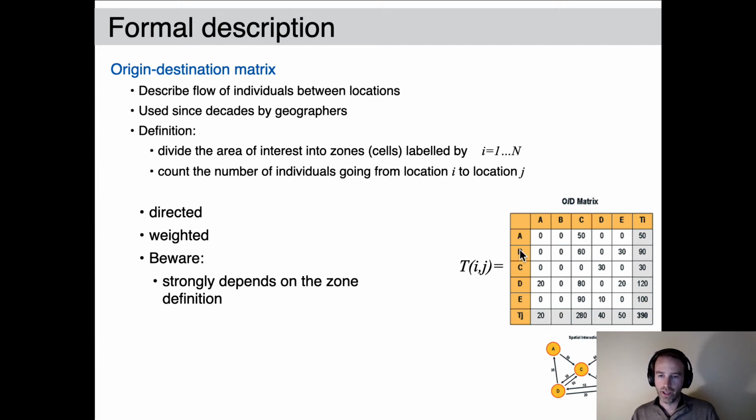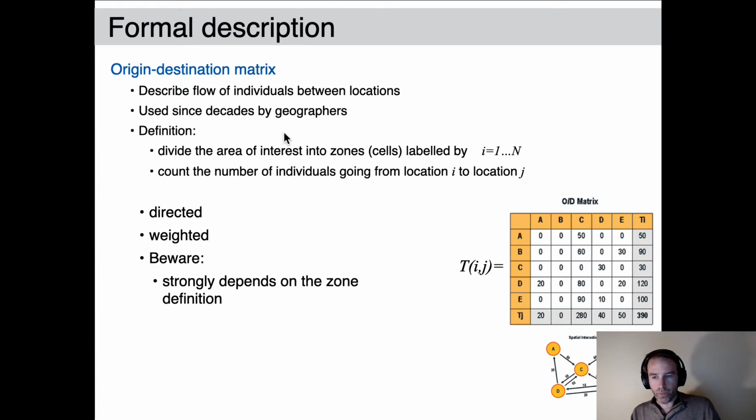So A, B, C, D, E correspond to areas, and these values correspond to the number of bicycle trips, phone calls, or whatever between these two areas. So this clearly corresponds to a network, but often it will be much more dense because you can typically have, I don't know, trips between all the neighborhoods in Lyon.